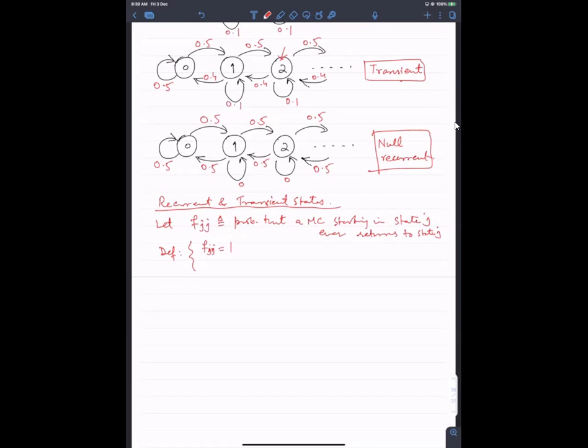Okay, so that means you will have an infinite number of visits if Fjj is equal to 1, and this kind of a state J is recurrent. And if Fjj is less than 1, then state J is transient.